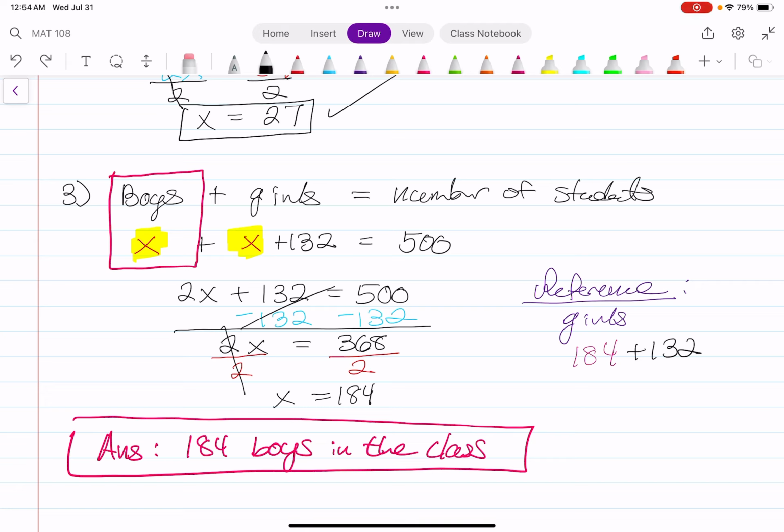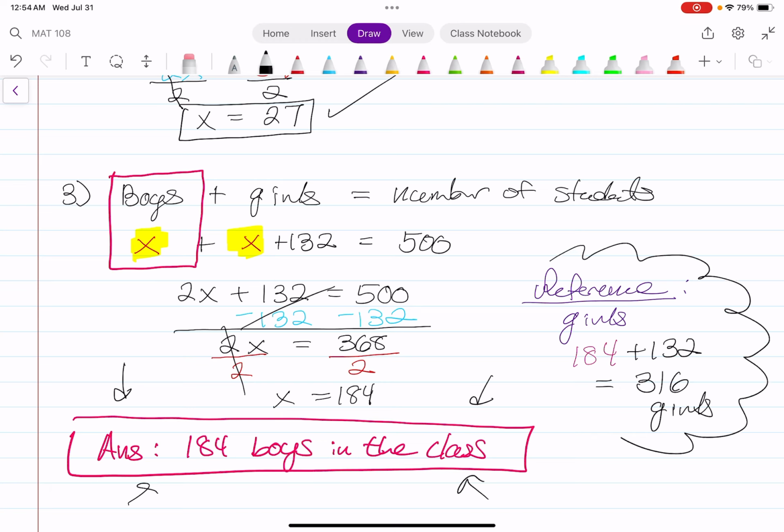And when we add those numbers together, that equals 316. But once again, we're only focusing on the boys. This is just a reference in case on your final exam or any exam you take with this type of concept, they ask you for both boys and girls or just maybe girls.